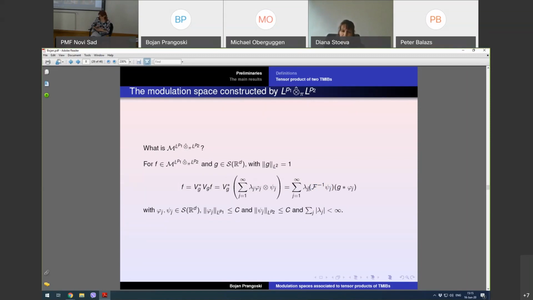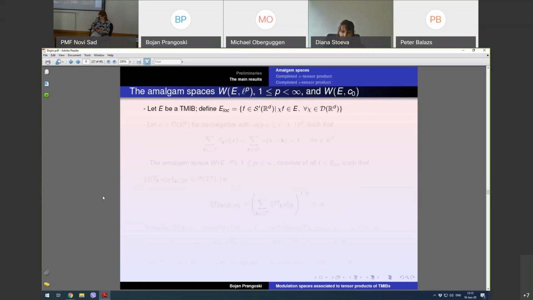For those of you who are not familiar with amalgam spaces, I will introduce them in a minute, but by their mere definition, they keep track of both the local behavior and the global behavior of the function, which is exactly the thing that appears here in the sum. And then we will deduce from this general result about amalgam spaces the result for the tensor product of two L^p's.